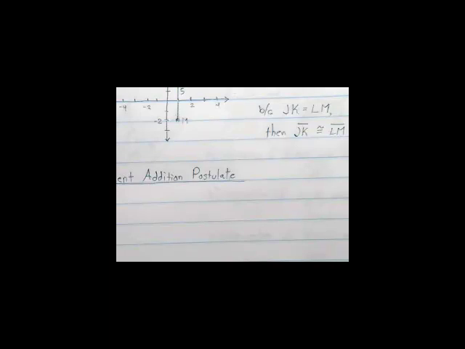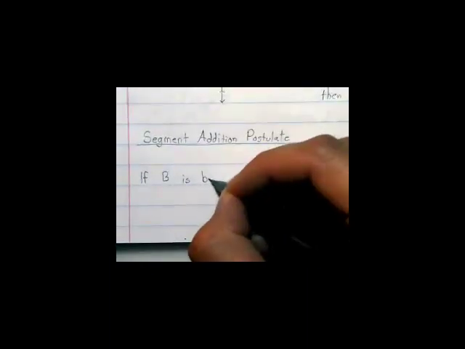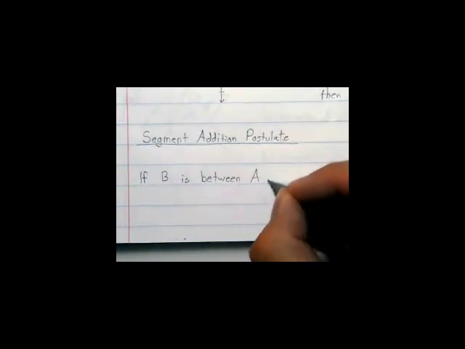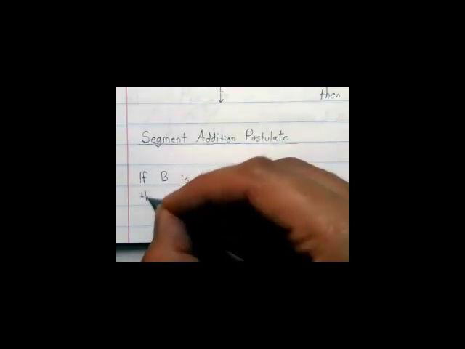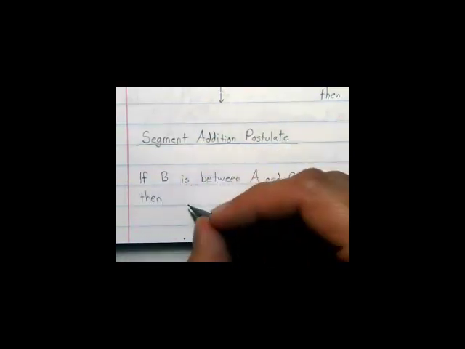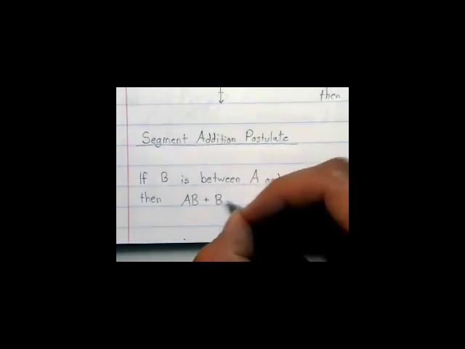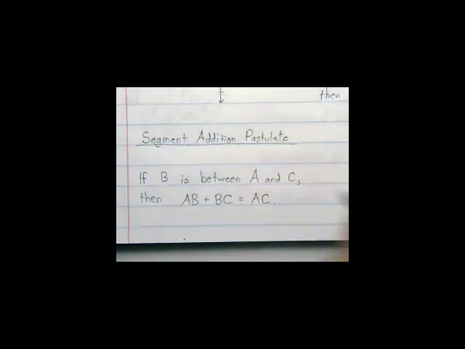So here's what it says. If B is between A and C, then AB plus BC equals AC.